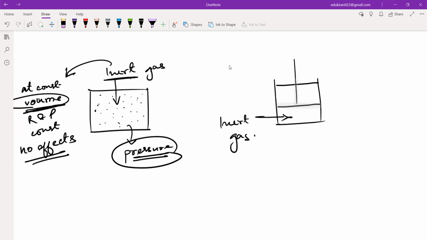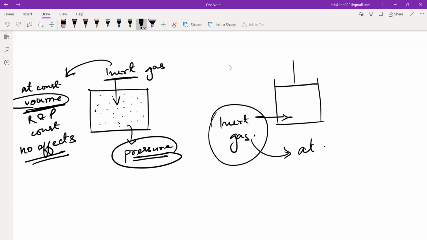If I added inert gas and it stayed down, the pressure would have increased. So it slowly increased the volume so as to keep the pressure constant. So we can add an inert gas either at constant volume, or at constant pressure.